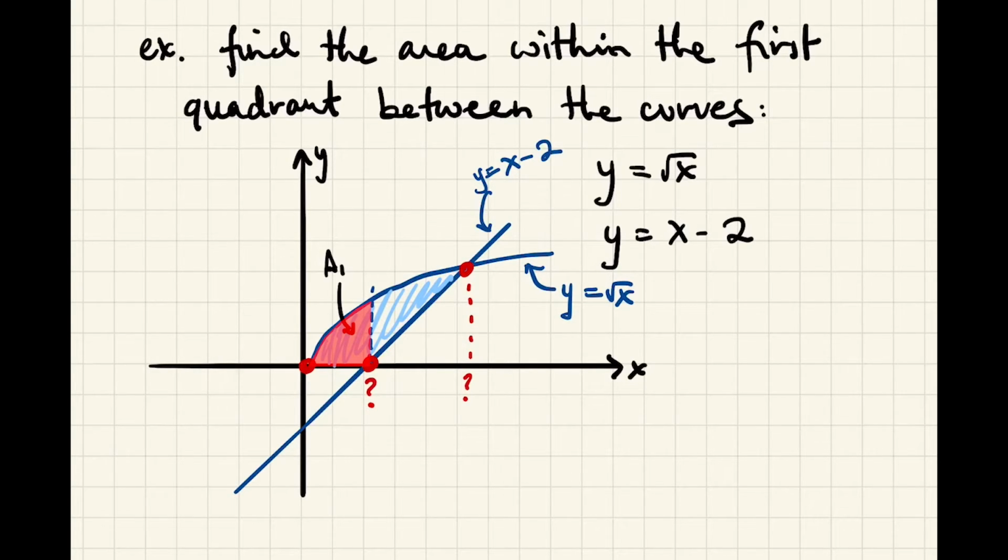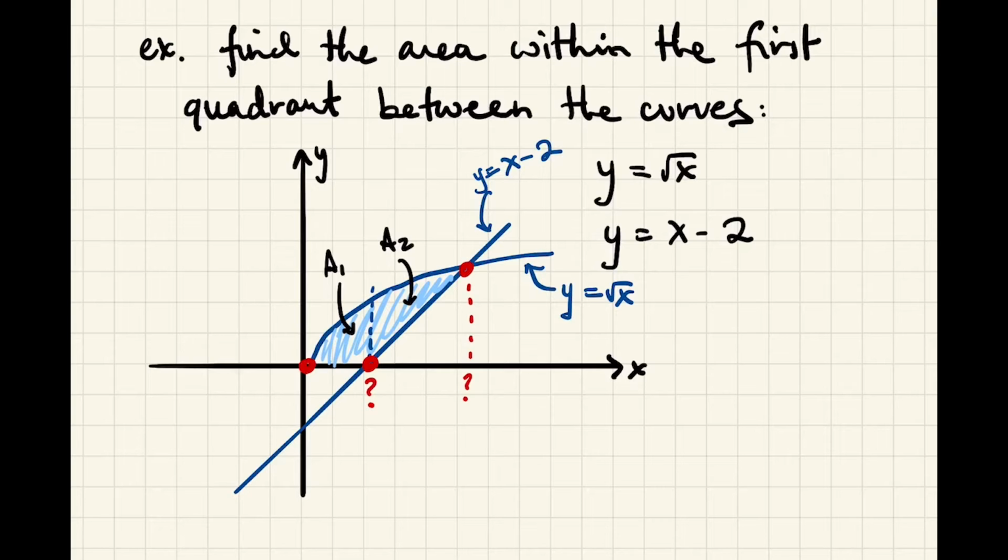A1 has a consistent left, right, top, and bottom. And A2, same thing: consistent top, bottom, left, and right. So we actually have to work this out in two separate integrals.